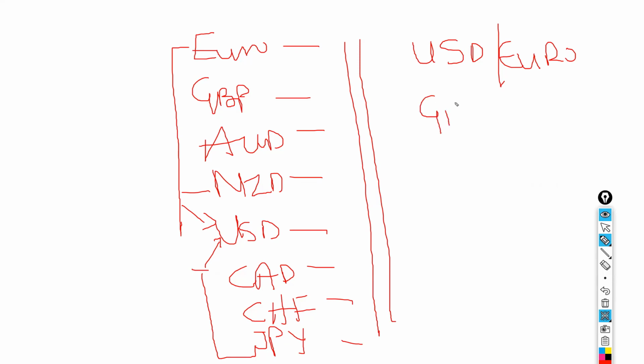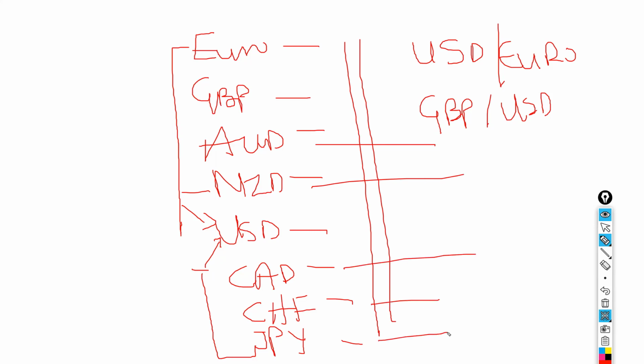Maybe you have the GBP against the USD, it's regarded as major. Maybe the Australian dollar or the New Zealand or the Canadian dollar or the Swiss or the Japanese yen, they are regarded as major currency pairs.